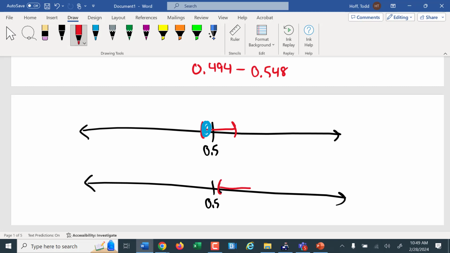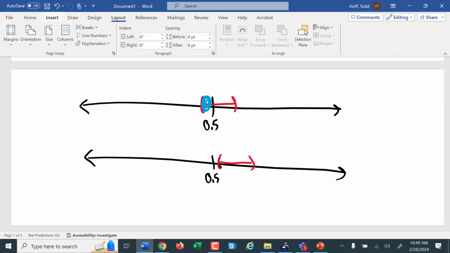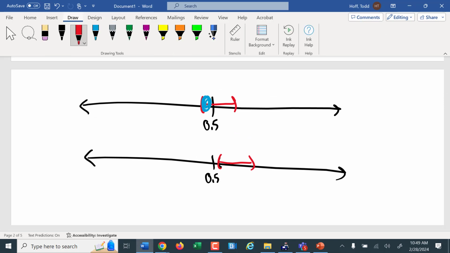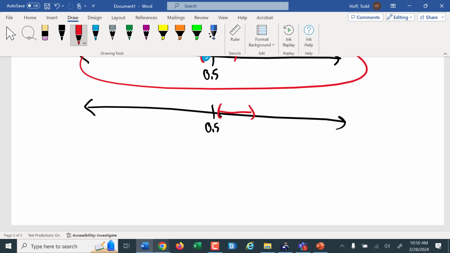If our confidence interval looked like this, then we could say, hey, there's very, very little chance that the true value is less than 0.5. So then we would have said, hey, this does support the claim that it's a majority that use it. But this is the case that we had. There were values less than 0.5, so it's possible that it is not a majority.